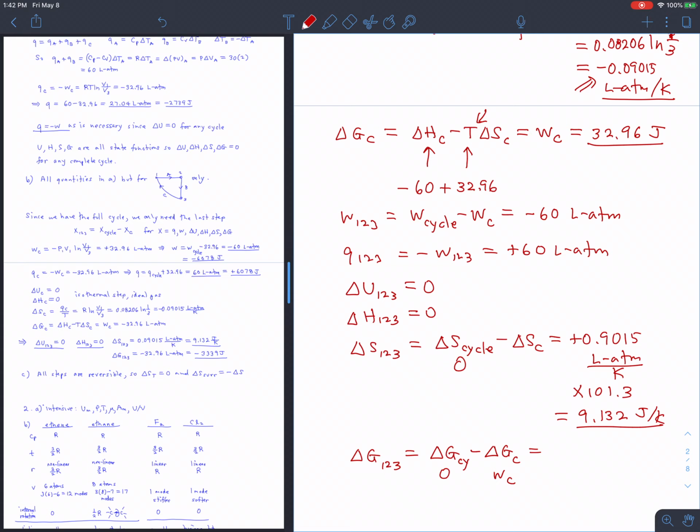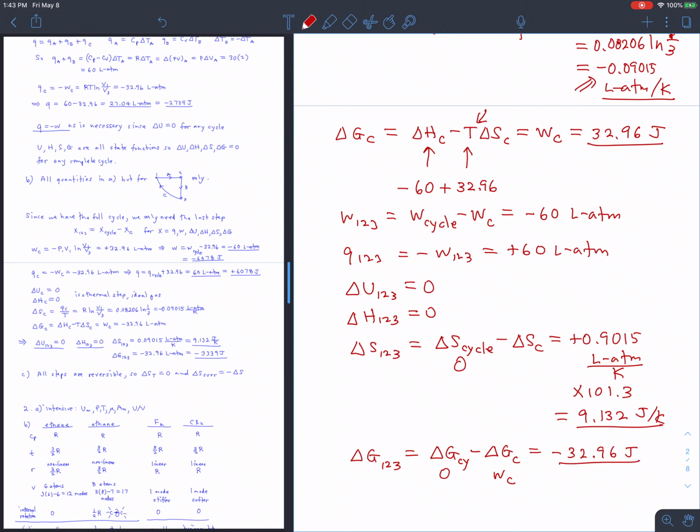And so that's equal to minus WC, which is minus 32.96 joules per mole.